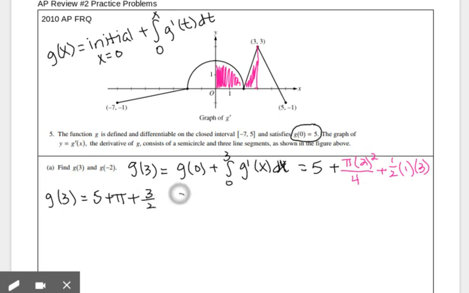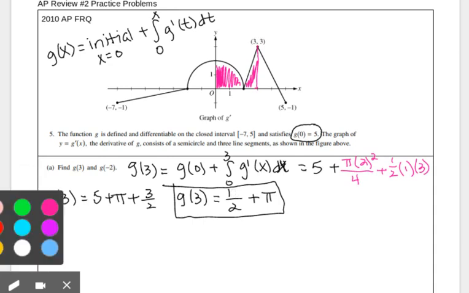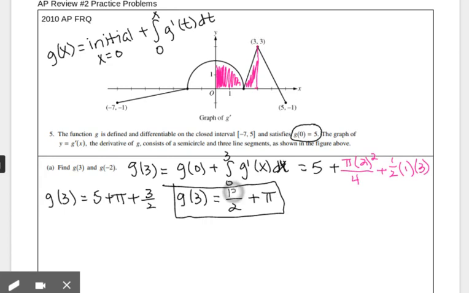And so we get that g of 3 is actually equal to 13 over 2 plus pi. Okay, 13 over 2 plus pi, so that's g of 3.